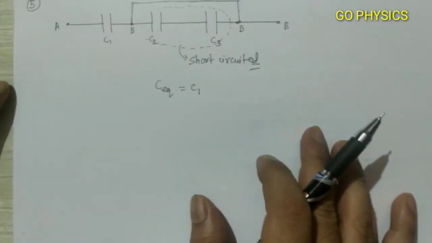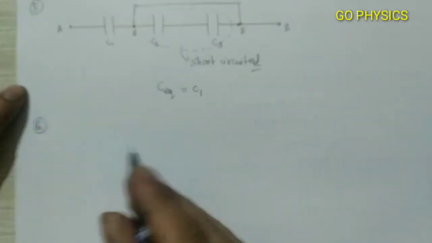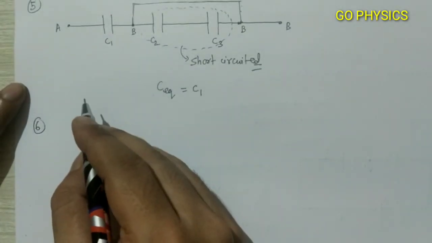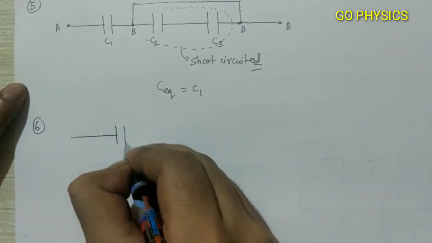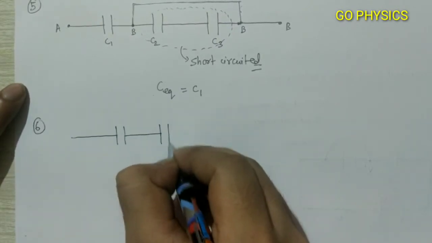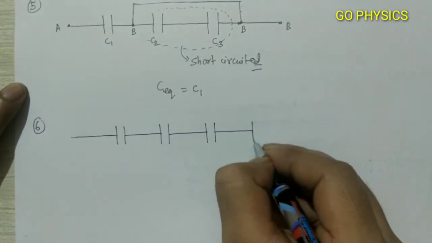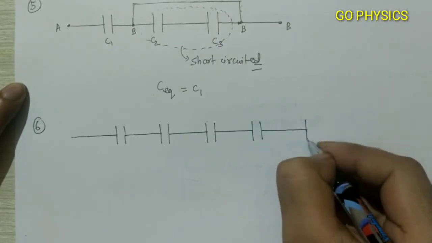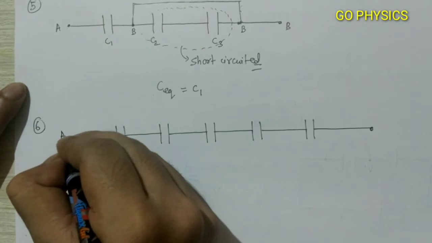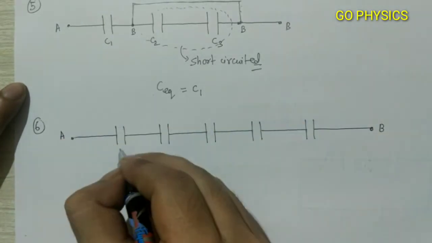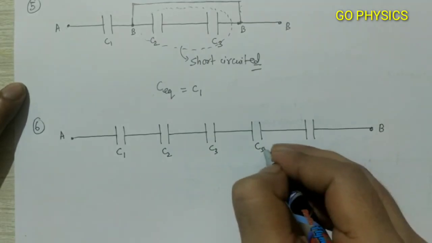Now let's see the last example, that is example number 6. Consider the case of 5 capacitors. Suppose initially we have 5 capacitors and these capacitors are connected in series. This terminal is A and this terminal is B. Let us consider C1, C2, C3, C4, C5 are their capacitances.